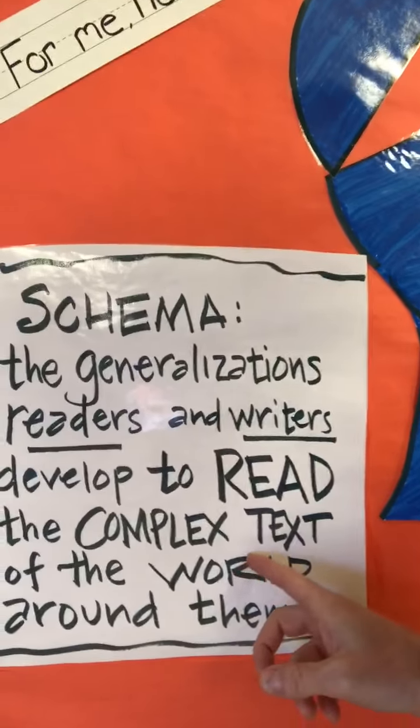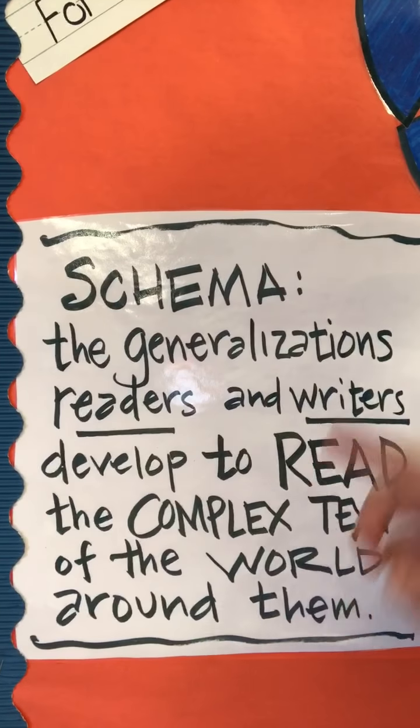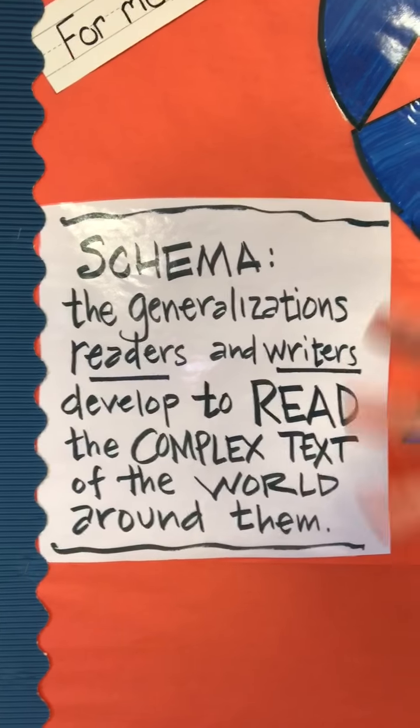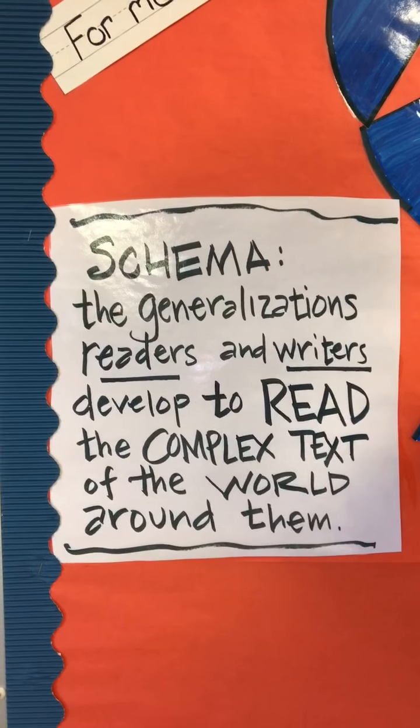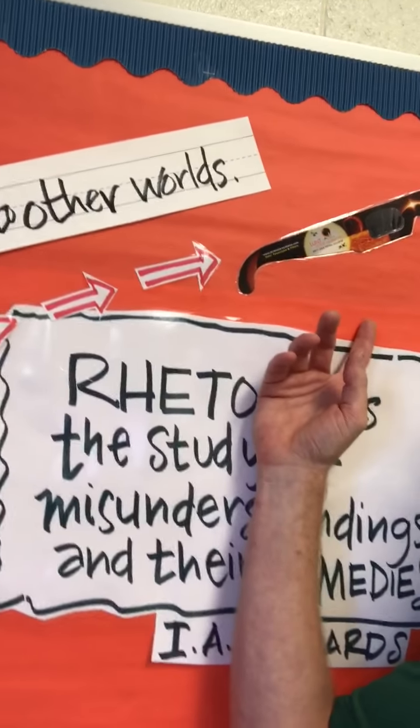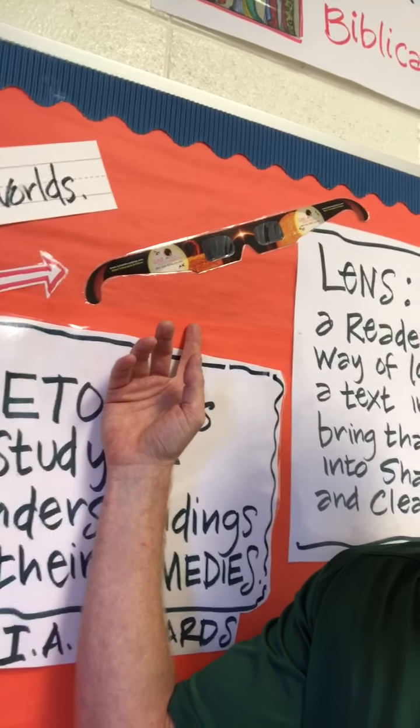You do. You now have the power to identify the author's schema. You have the power to identify your own schema and to revise your schema in that text if you so choose. You have the power and the right to decide which lens you want to use in order to read that text. And you could choose from thousands of possible lenses.